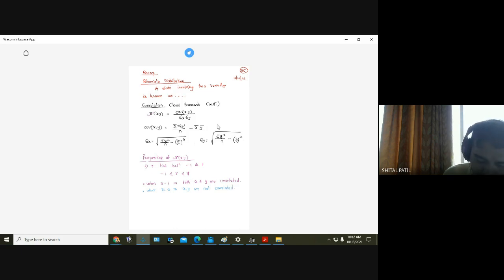If r equals 0, then they are not correlated. If r is negative, they are negatively correlated.